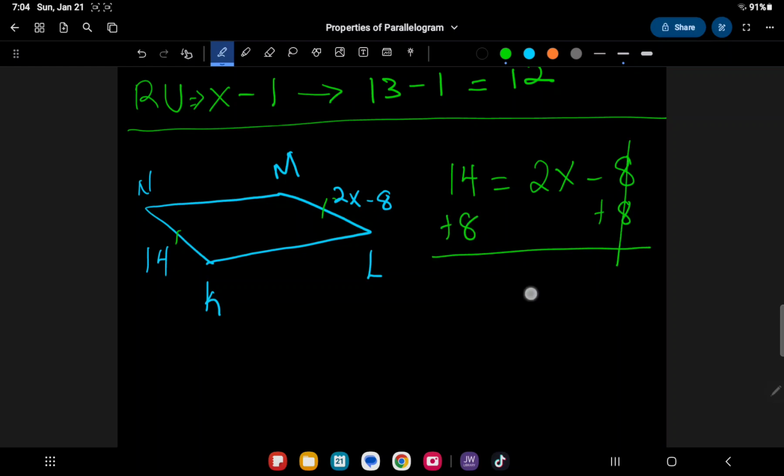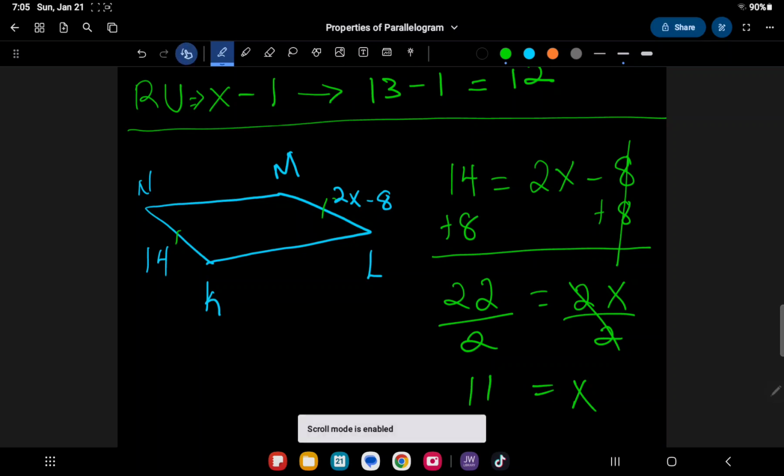Alright, so I have 2x and then I have 32. Next, I will divide both sides by 2. So x is equal to 11.